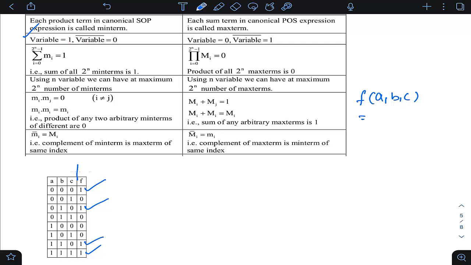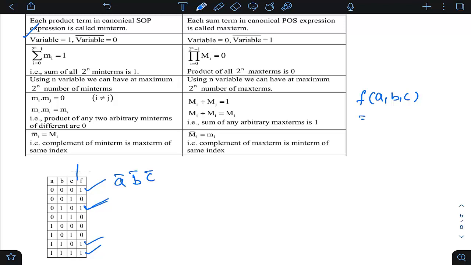For this row, all values are 0, so I'll write A bar, B bar, C bar, because 0 means variable complement. So from this row, I got this.